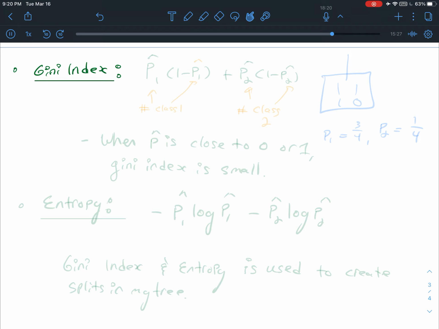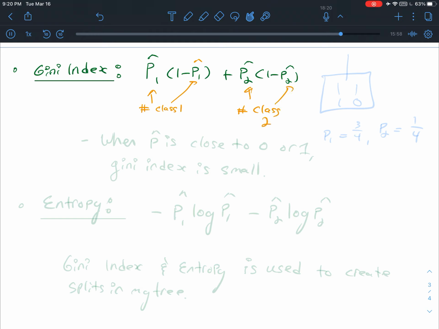And this really is this proportion: P1 hat times (1 minus P1 hat), plus P2 hat times (1 minus P2 hat). These are all estimates. In each of the terminal nodes, this is the proportion of people in class 1, this is what these P's are, and similarly this is the proportion of people in class 2.